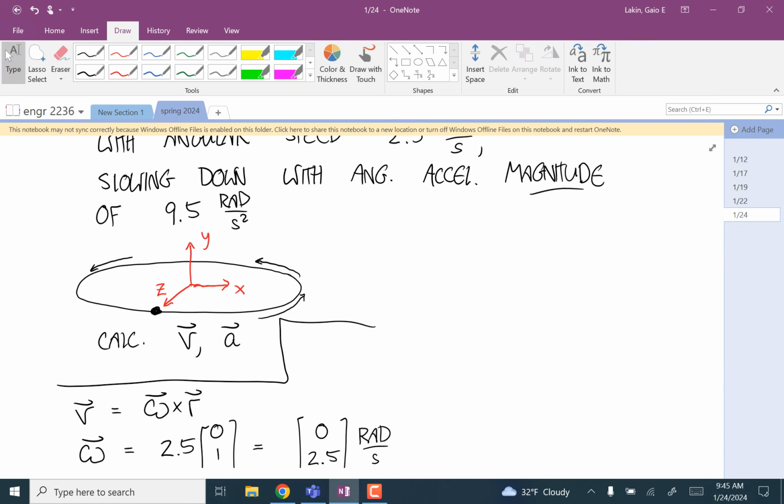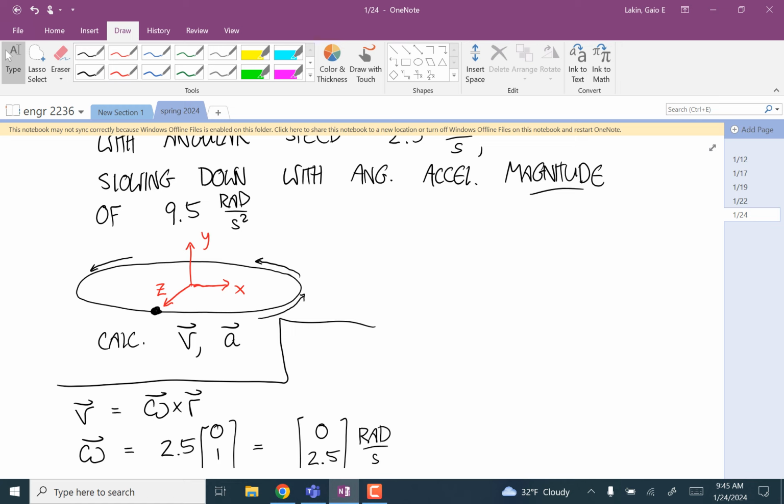Does that make sense? Well, this thing is moving this way. It's slowing down. So its tangential acceleration has to be opposite the velocity vector. And so that's the negative x direction. So that works perfect. Yep, and that's accurate for every point in the circle at that given time.